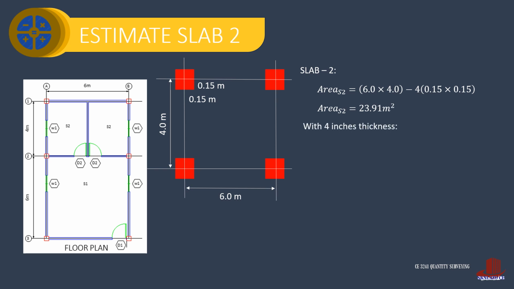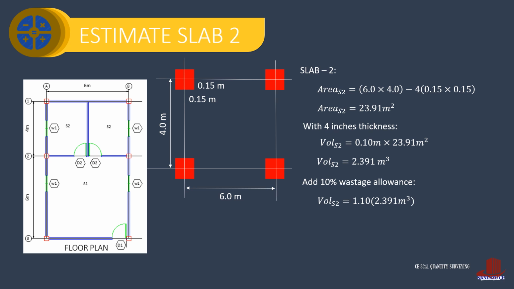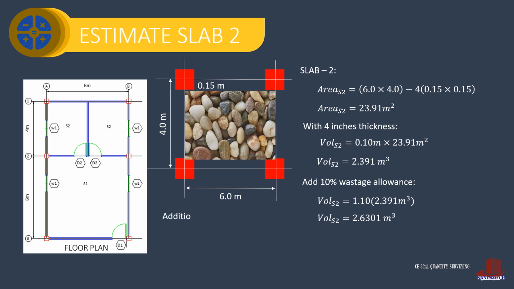With 4 inches thickness, the volume then is 0.1 by 23.91, giving 2.391 cubic meters. Add the 10% wastage allowance, making it 1.1 of 2.391, or that is 2.6301 cubic meters.